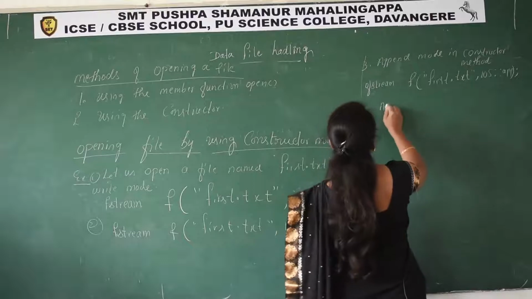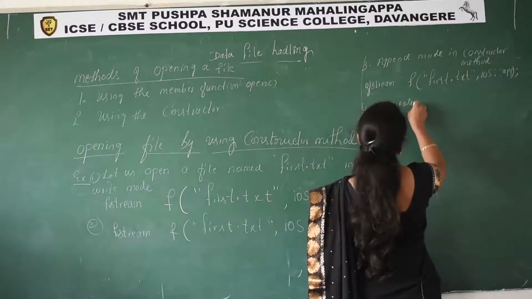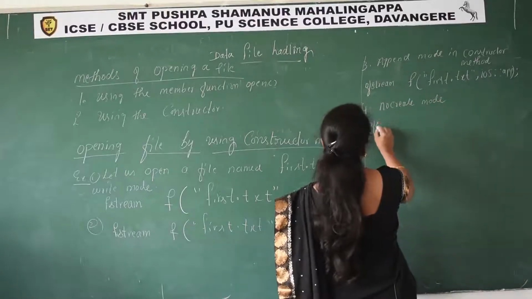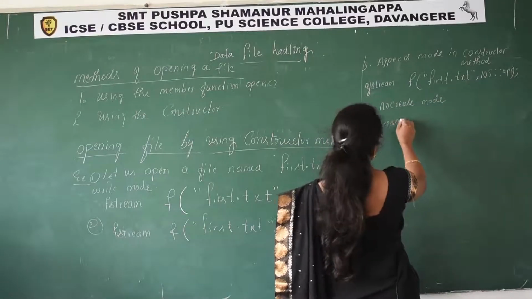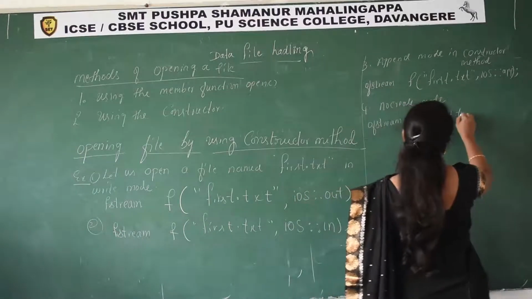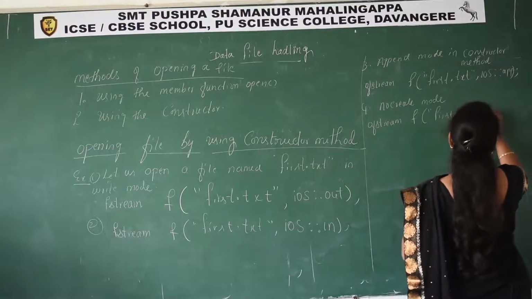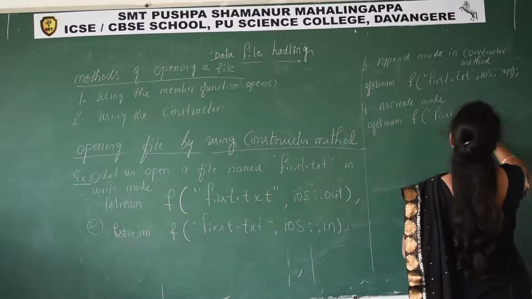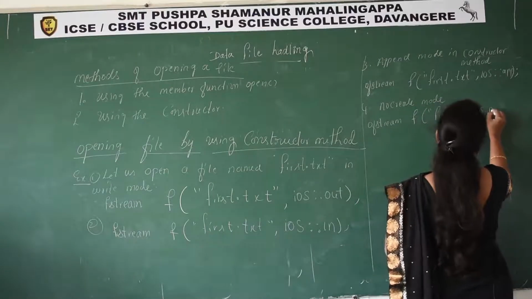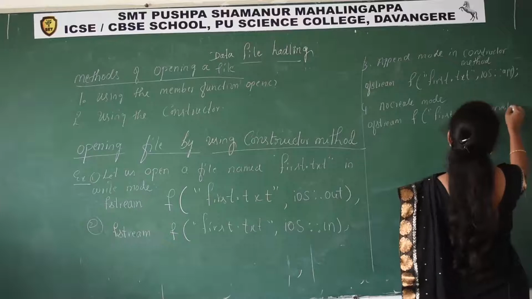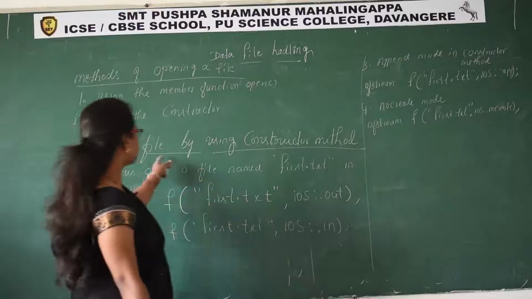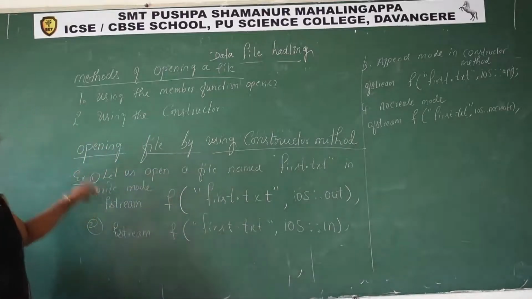Here there is no create mode. OF stream F, first dot txt, comma ios scope resolution no create, close semicolon. In this way we can write the examples for this method, that is the constructor method.